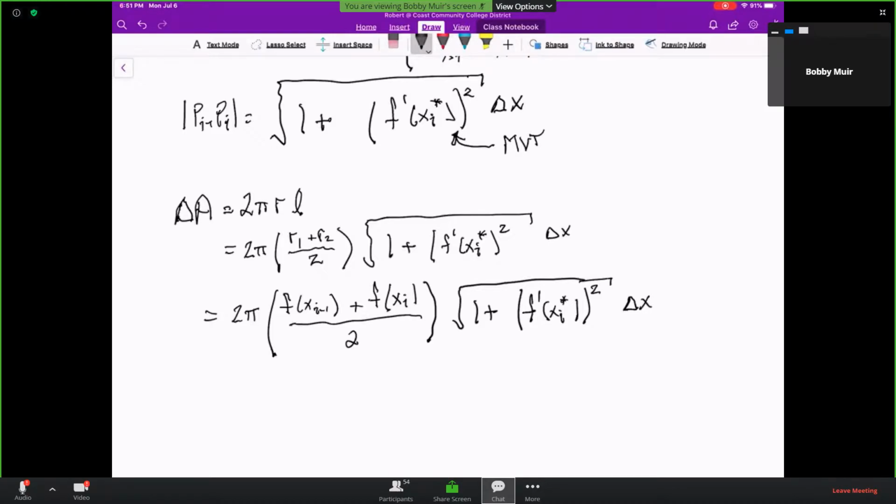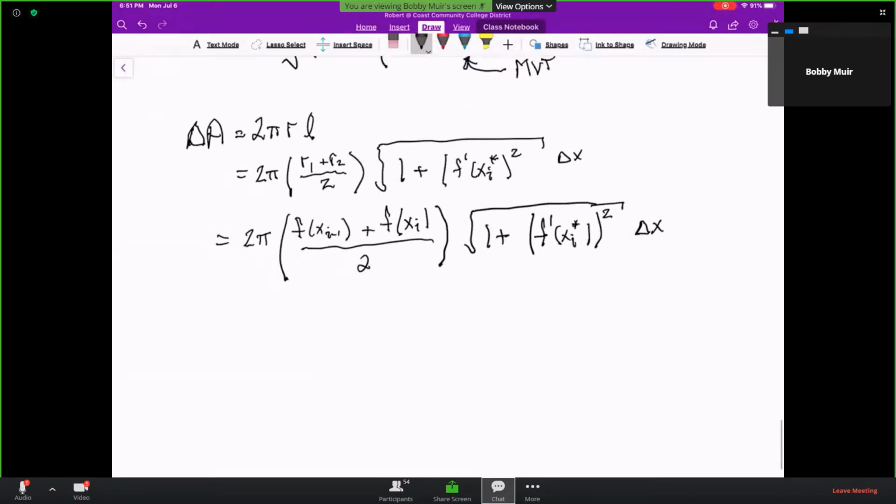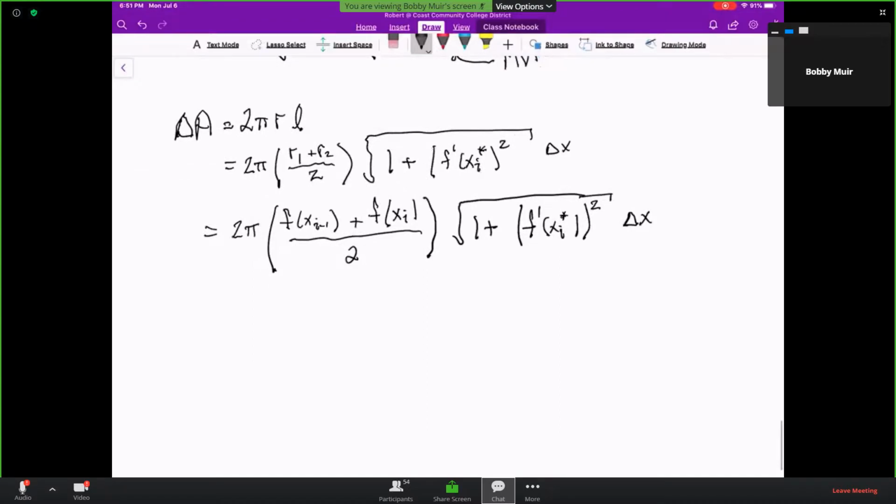All right, now there's a slight little hitch in our giddy up. We've already used the mean value theorem to get this random point in between the two, xi minus 1 and xi. These guys right here can't be in the Riemann sum. It has to be all that stuff.